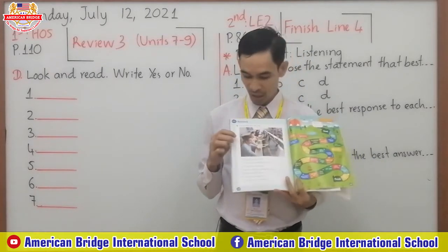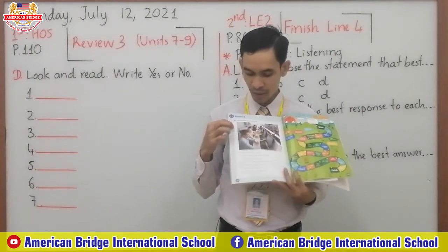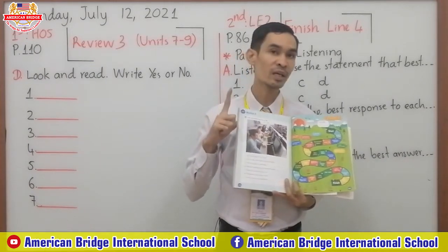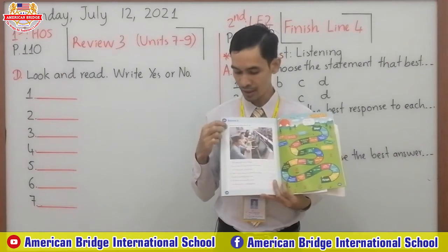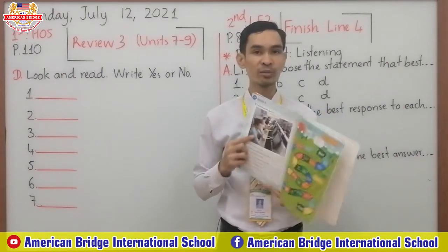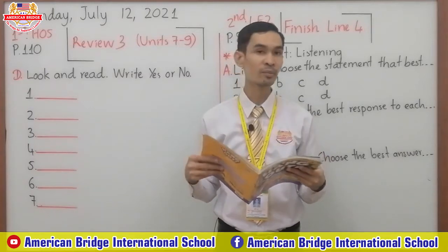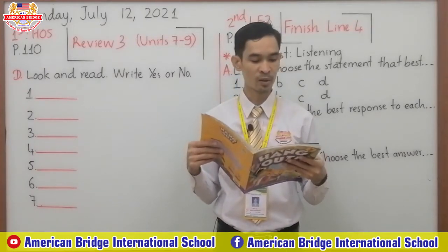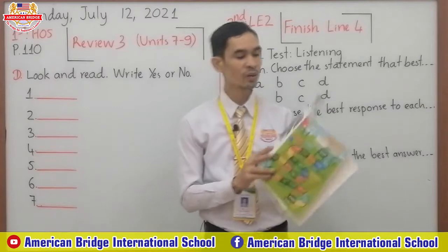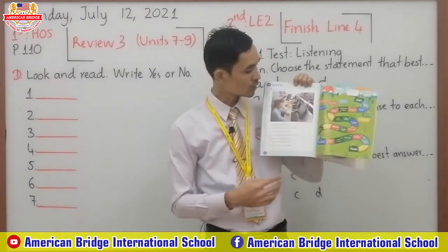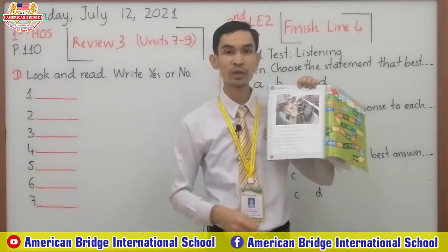Good job. Okay, so in this page we focus only on one part, right? Part D. Look at part D all together, everyone. D. Look and read. Alright? Yes or no? Okay, so now please look at the picture all together. So what do you see in the picture, everyone?